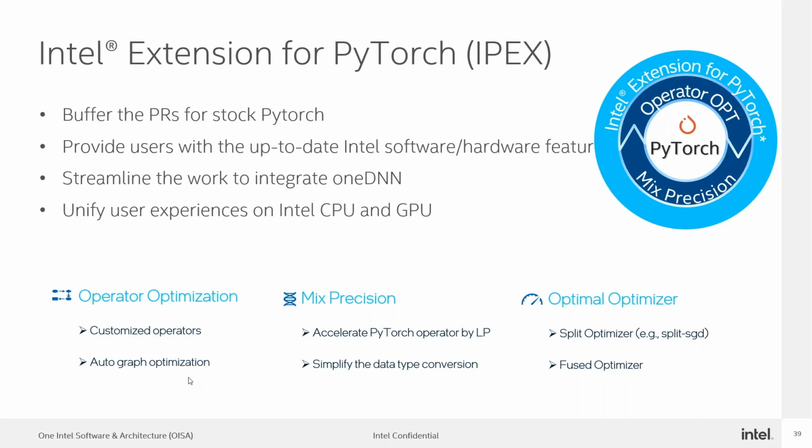So maybe you have known that in stock PyTorch, the default usage scenario is imperative mode, which means when you execute one operator, you don't know the next operator.